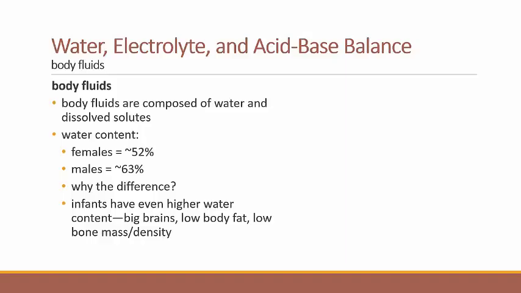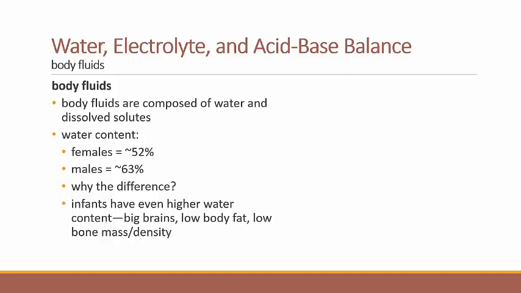Infants have even higher water contents, because if you look at the proportions of their bodies, they have very large heads in proportion to the rest of their body. If you've got a little baby at home, try stretching their arms across the top of their head, and then do the same thing with yourself, and you'll see that proportionally infants have downright huge heads.